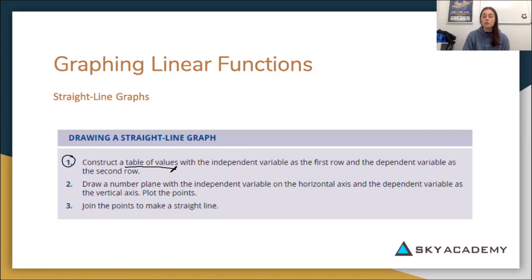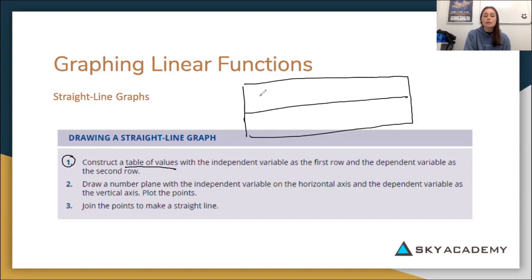How we construct a table of values is by putting the x on top and the y on the bottom. You put random values for x in there unless they specify. If they specify, use the values they give you for x. If they don't, you can make up your own values, for example, -2, -1, 0, 1, and 2. They are my go-to values for x, and so if we do questions, I'll probably use these values.